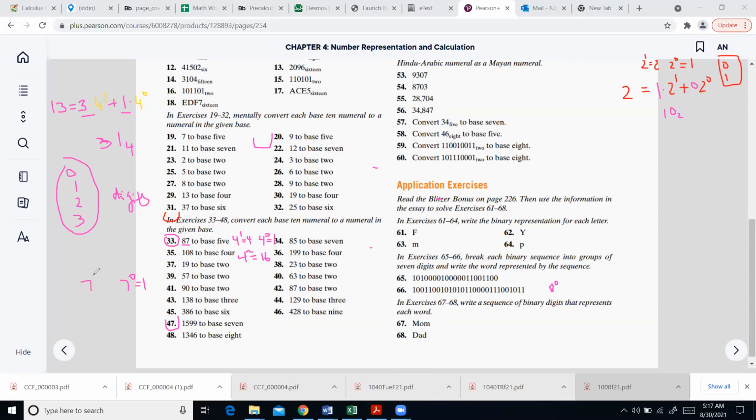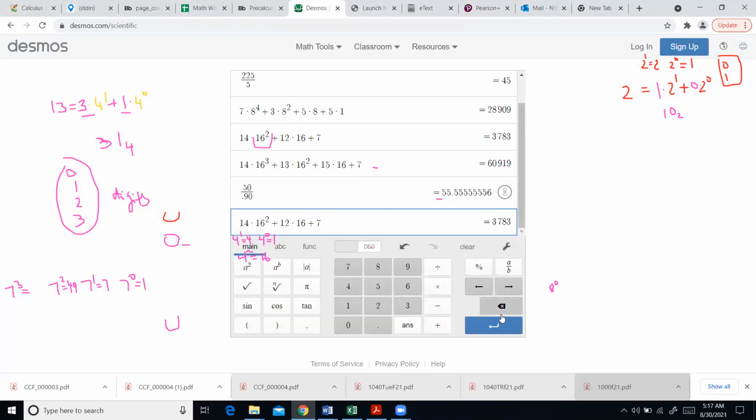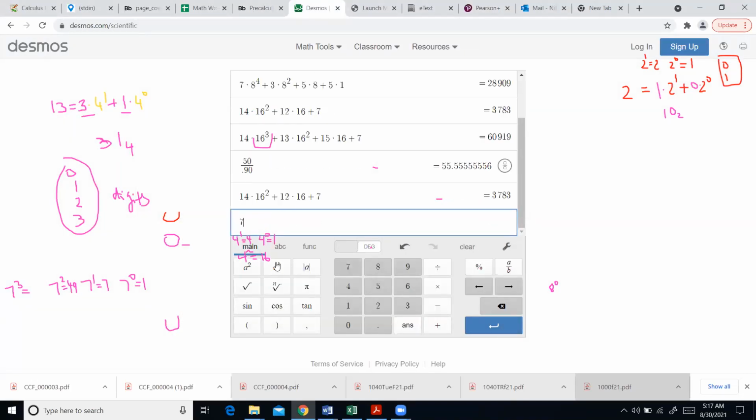So there's 7 first power, 7 to the second power, which is 49, right? 7 cube, which is going to be, let's see what it is. I guess I just use calculator. You don't have to think too hard, so we can just put 7 power of 3. So that's 343.